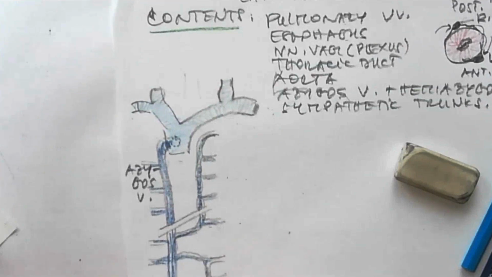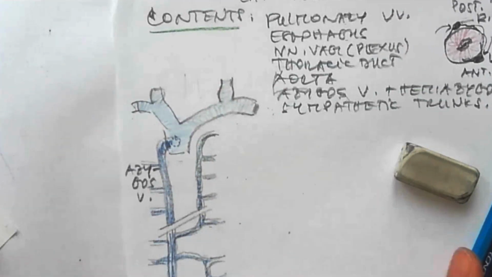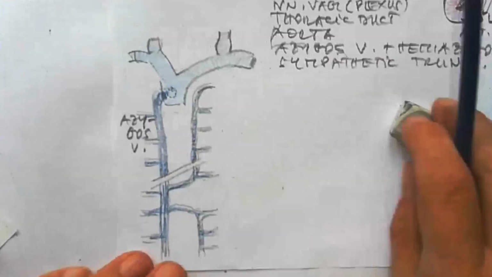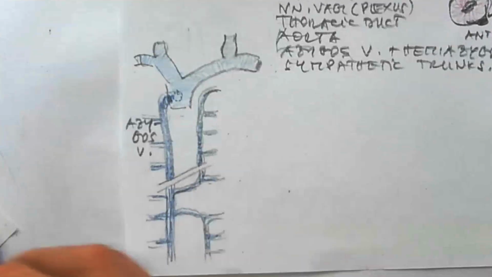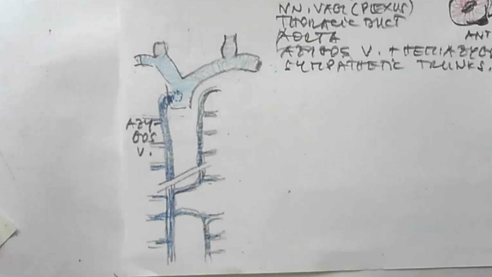There are some irregular interconnections. The first one usually lies at the level of around, not 6, usually 8 to 10 vertebra.